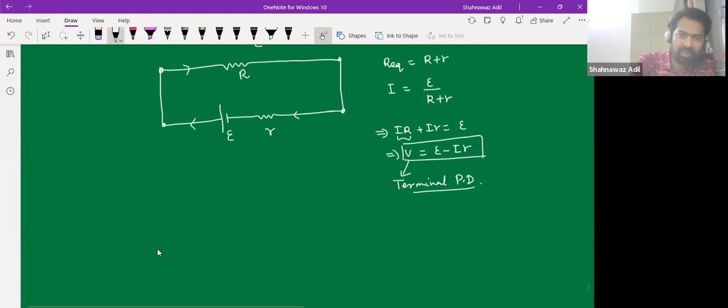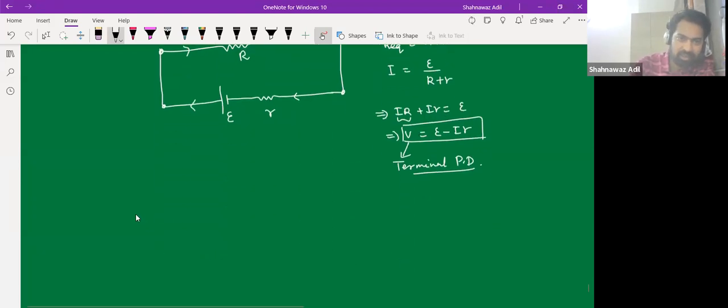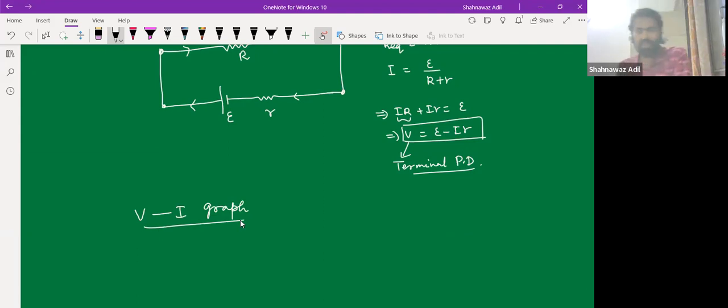We have V on one axis and I on the other, so we want to make a V-I graph. You have learned about straight lines in mathematics.